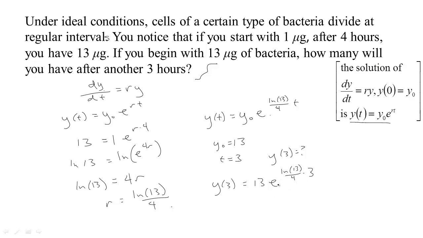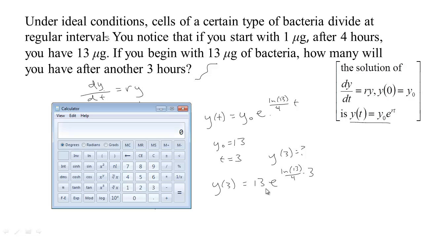So we can just crank this out to figure out what we've got. Let me pull up my calculator. I'll take the natural log of 13, multiply that by 3, and divide that by 4.